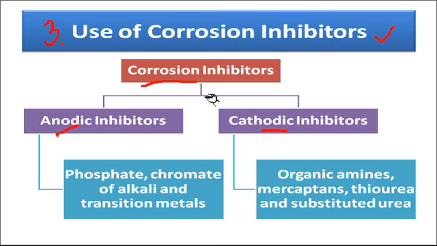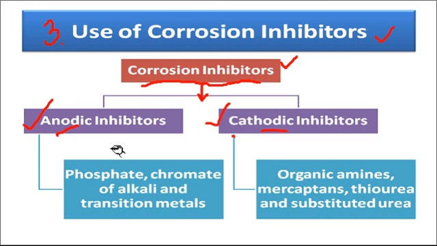So on the basis of the reaction which is slowed down, anodic or cathodic inhibitors are the two types of corrosion inhibitors. Since we know that the overall corrosion reaction is the combination of two types of reaction, anodic reaction and cathodic reaction, the corrosion inhibitors are also of two types, anodic inhibitors and cathodic inhibitors.